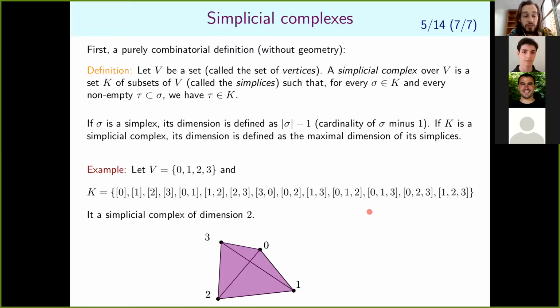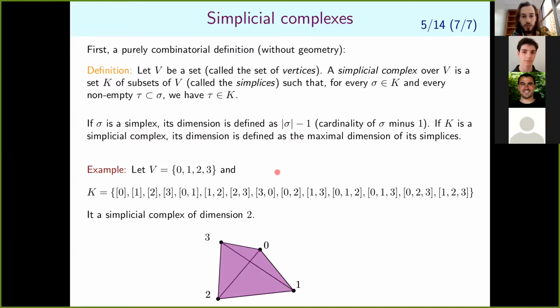Another notation, I can define the dimension of a simplicial complex. First, I define the dimension of a simplex. If I have sigma, a simplex that is an element of the simplicial complex, its dimension is defined as its cardinality, its number of elements, minus 1.